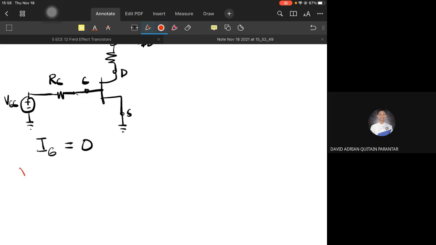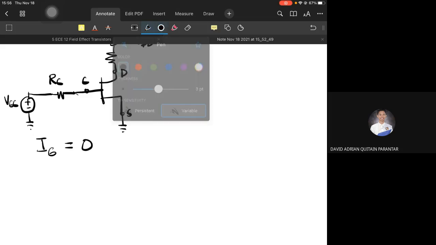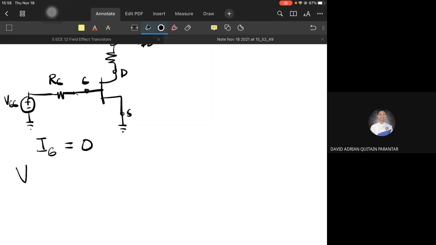How much then do you think, class, is the voltage across RG? Zero, sir? Yes, zero. Even if RG has a value, because there is no current flowing across it, VRG is 0.